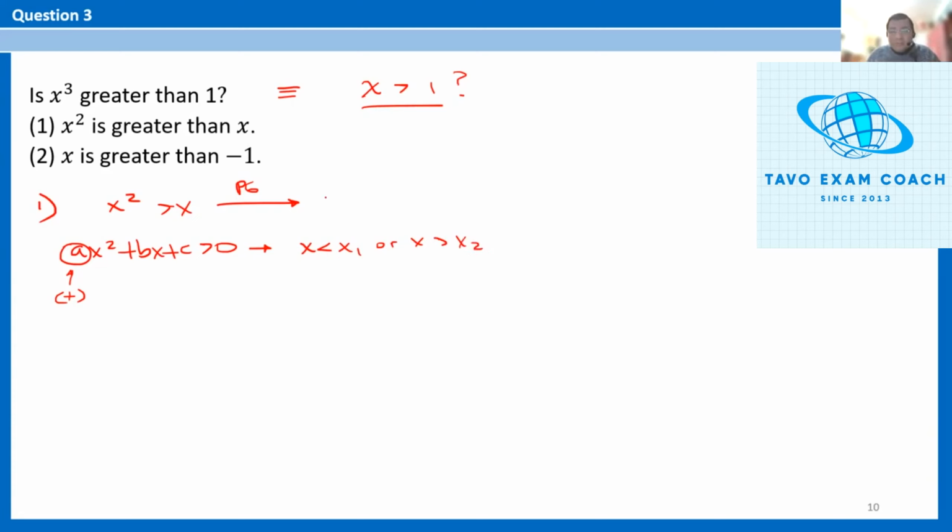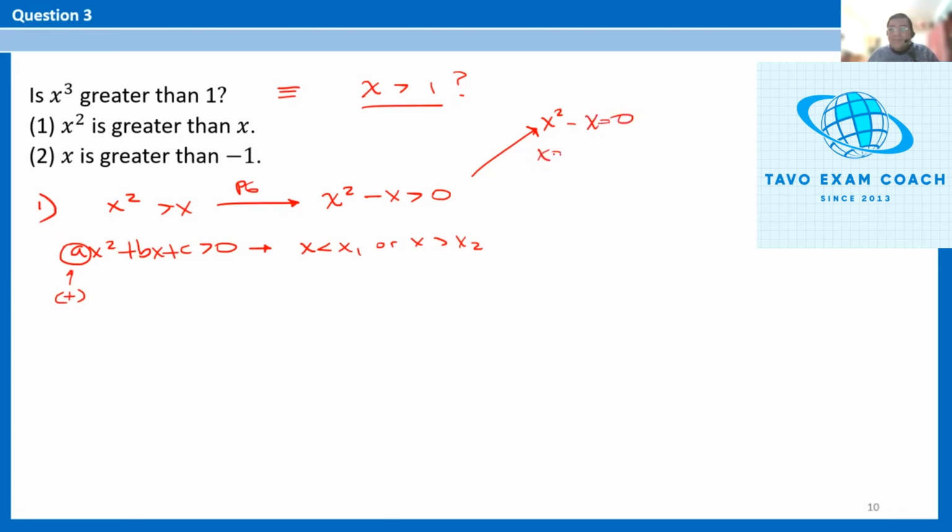So let's try to do this. Let's give this original inequality the form of the quadratic inequality. Now, let's proceed to solve the corresponding equation. x squared minus x equals 0.